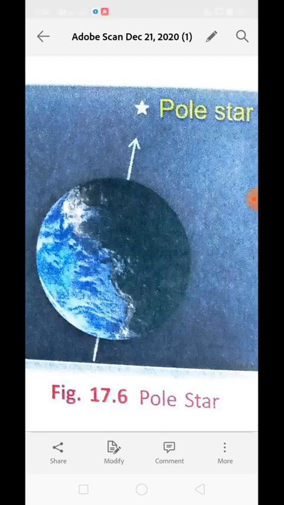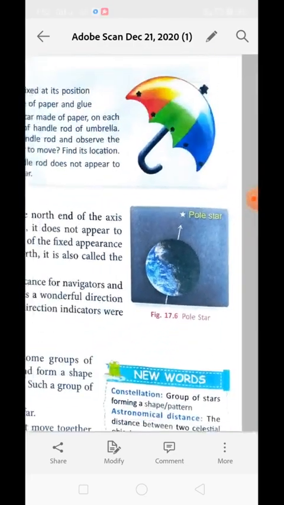Because of its fixed location at the north end, they could use this star to locate direction. It was a wonderful direction indicator for travelers when no other direction indicator was available, so it helped them to move.